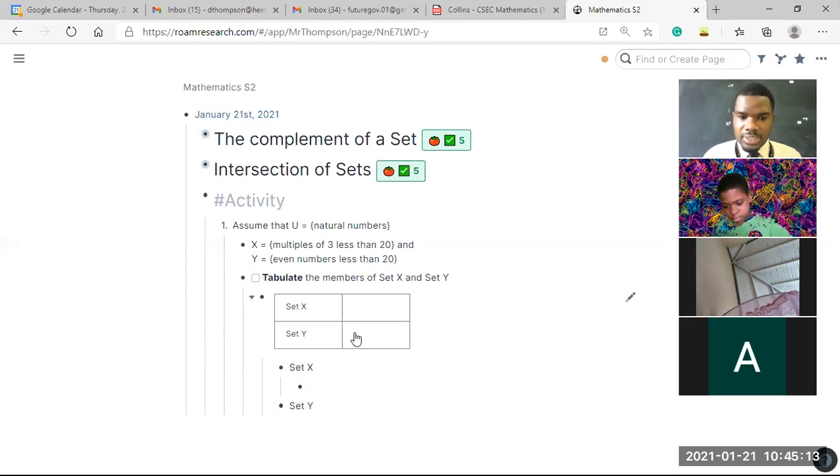Let's write down all the members of set X quickly. Let's pick on Aliana again. Aliana? Yes, sir. Yes, sure.